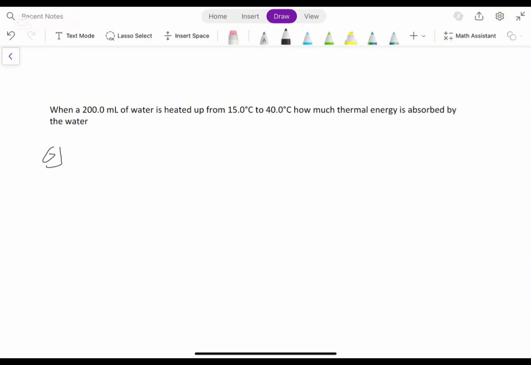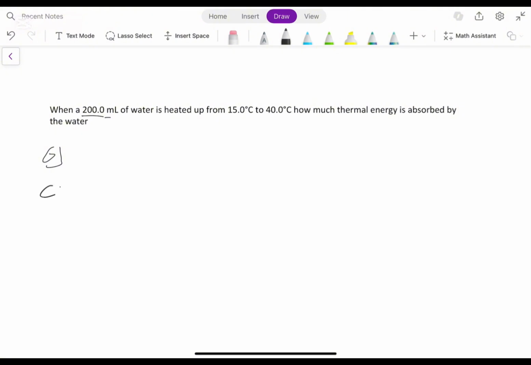Something specific about water is that 1 milliliter of water is equal to 1 gram of water. To go to kilograms from water, we can simply divide by 1,000 and go from milli to kilo. This only applies to water as a substance. This does not apply to all substances as a whole.